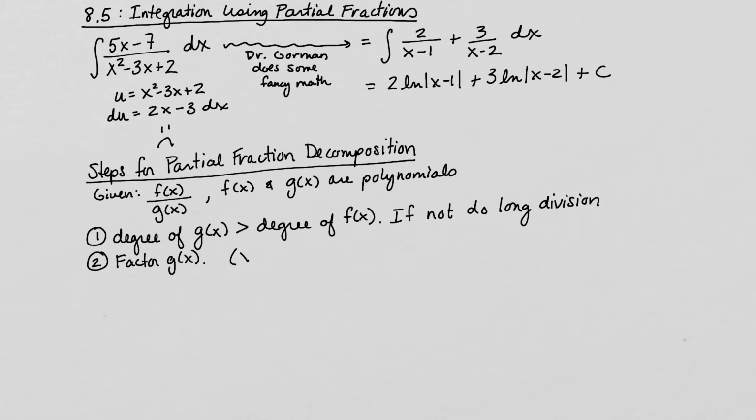might have factors that look like x minus some number to a power, right? And really, technically, x plus or minus some number to a power p. You might get factors that look like x squared plus bx plus c. You might get some of those raised to a power. You for sure could get x cubed and x to the fourth and x to the fifth.